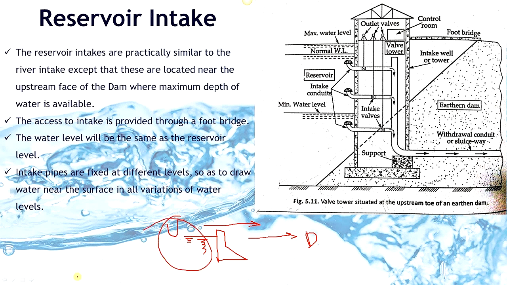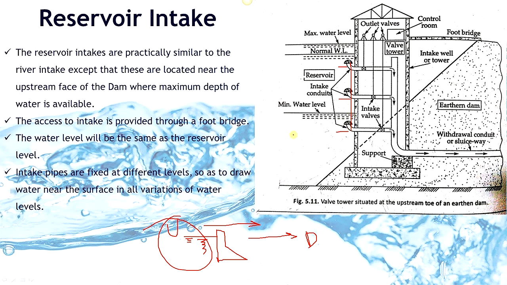Here intake pipes or inlet pipes are fixed at different levels or different heights so as to get the water in all variations of water level throughout the year. So at different levels intake pipes are installed, as you can see here.